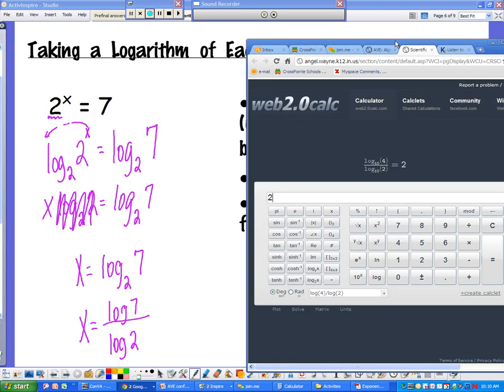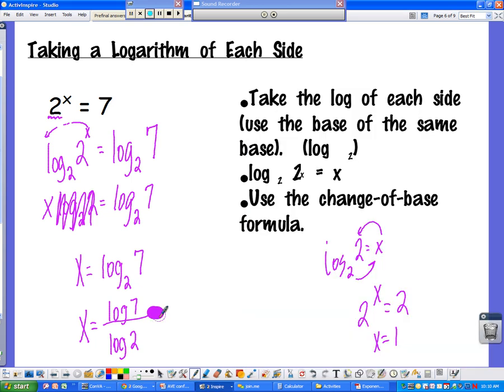If we use our scientific calculator, let's clear this out. We're going to do log 7 divided by log 2 equals, and you find out your answer is about, let's go 3 decimal places, 2.807 as your final answer.